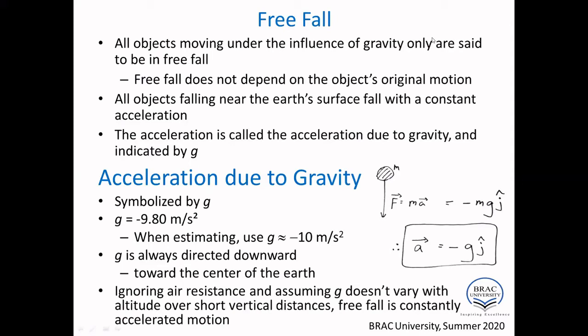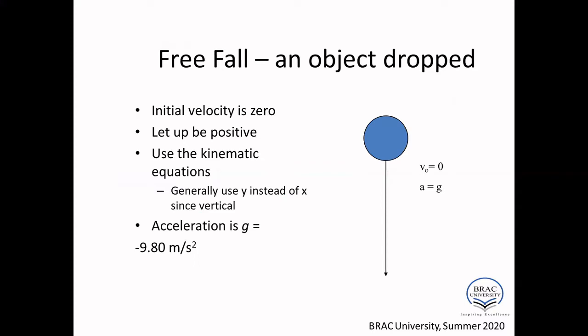So ignoring air resistance and assuming g does not vary with altitude over short vertical distance, free fall is a constant acceleration motion. Now, this figure shows free fall of an object in case of dropping.